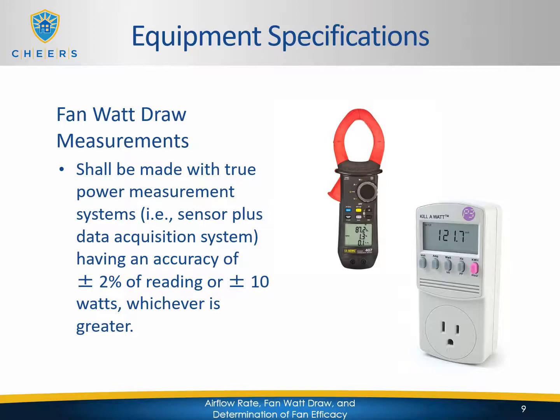So by hanging that meter on top of the line itself, you're going to be able to take a watt reading off of it. On the right-hand side, that is a plug-in watt meter. And those are for units that are actually plugged into an outlet rather than being hardwired into the house. For those, obviously, you can unplug it, plug the meter into the outlet, and then plug the unit into the meter and take a watt reading that way. Either way, they're both approved for use.